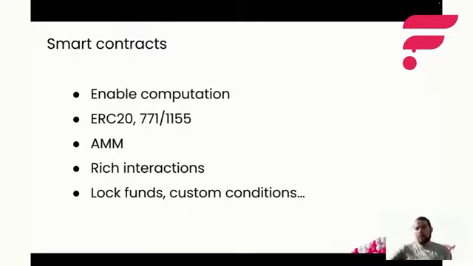So, for example, natively on Flare, you can have ERC20 tokens, NFTs, and much more. You can have AMMs, and we do have a bunch of AMMs, but you also have some additional rich interactions between the contracts. You can also do some additional computing, and all this without having to change either your wallet or your development environment, just changing your RPC.